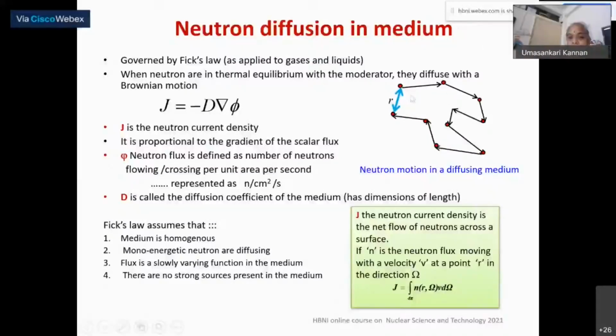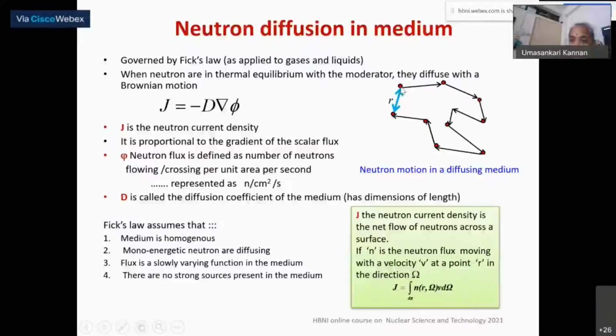Here I have tried to give a graphical representation of how the neutron could change its position and path in a medium. So it is diffusing. It could have an interaction with a nucleus here, and it goes in this way. Then it would have another interaction, and it goes this way, and so on. So this is some sort of a Brownian motion.